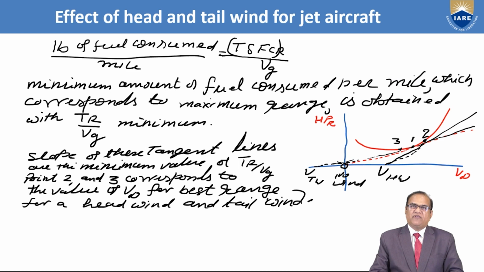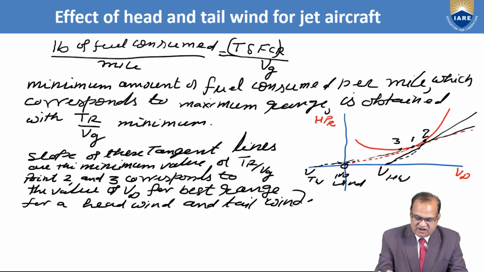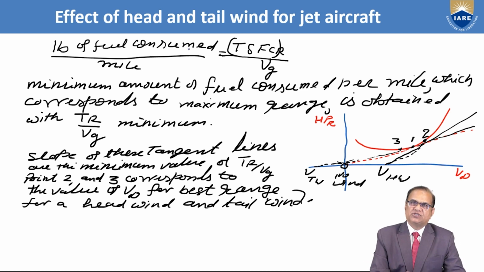So the effect of headwind and tailwind for the jet aircraft. The propeller aircraft we have seen. Now we will see for the jet aircraft and how it is happening. For the jet aircraft, pounds of fuel consumed per mile is equal to thrust specific fuel consumption divided by Vg.